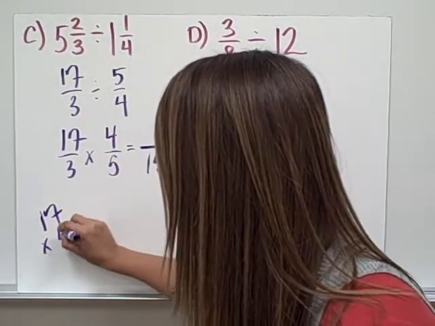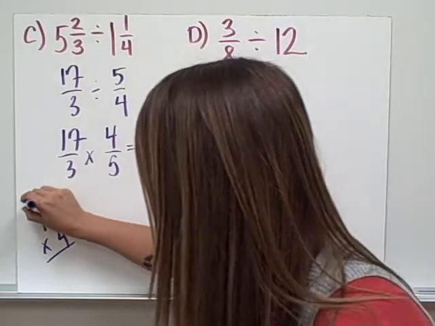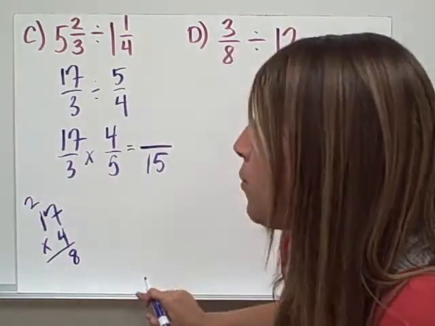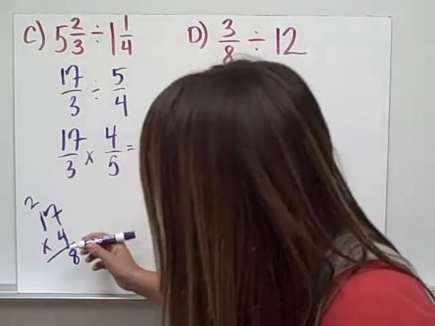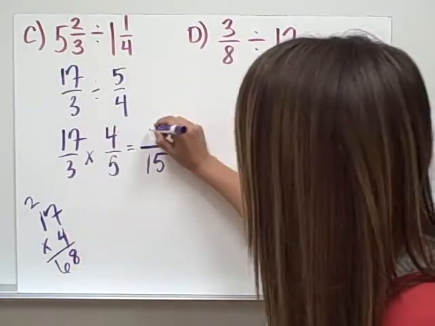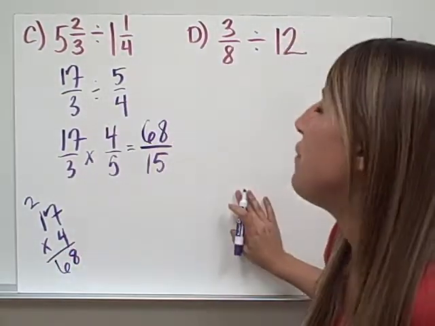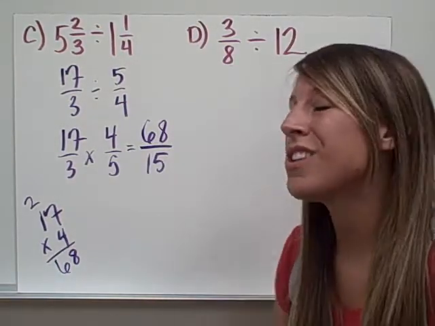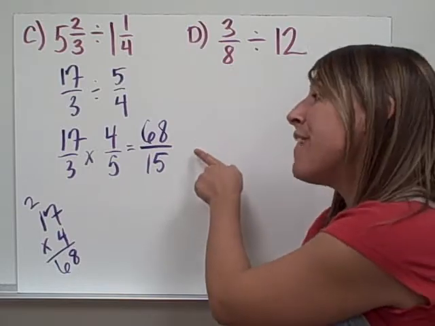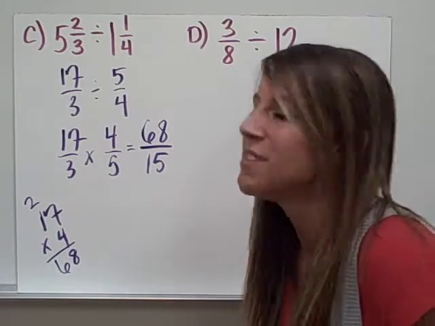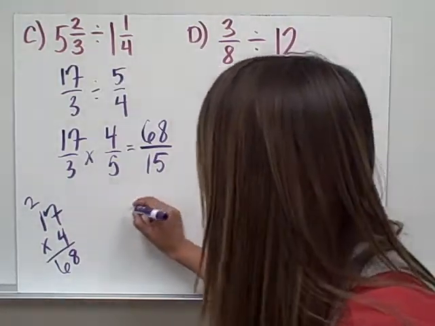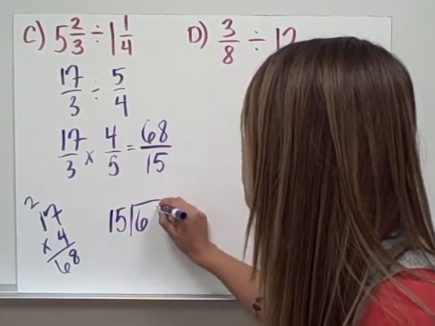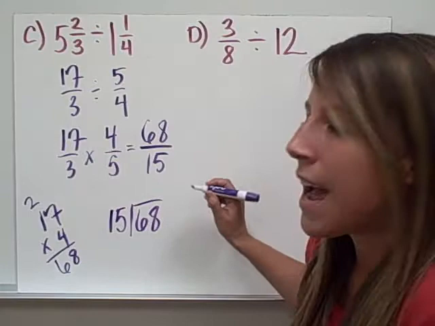So 17 times 4, 7 times 4, 28. 4 times 1 is 4. Plus that 2 is 6. So I have 68/15. So if I wanted to change that into a mixed number, 68 divided by 15, remember fractions and division are the same thing. 68 divided by 15, well, I know 15 goes into 60 4 times.